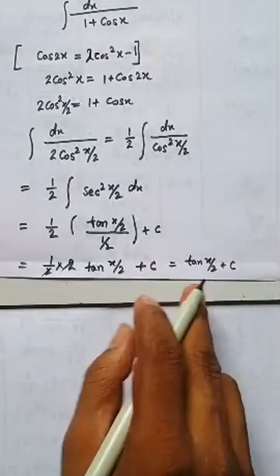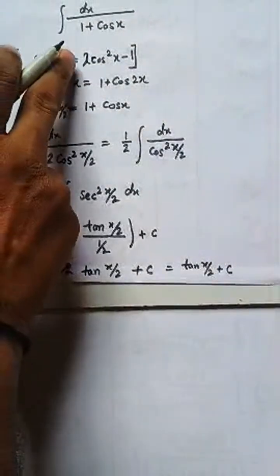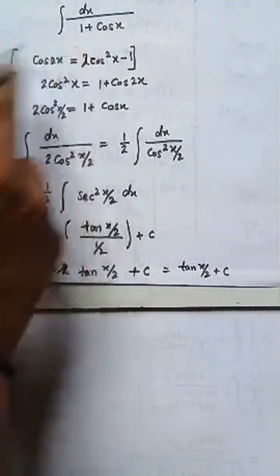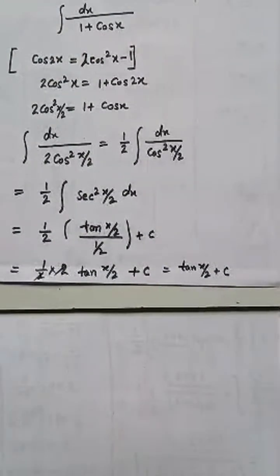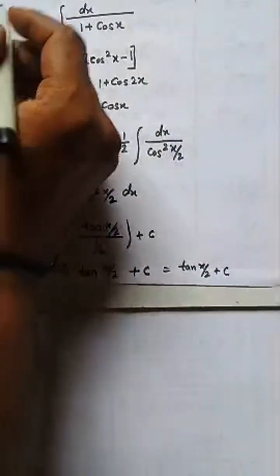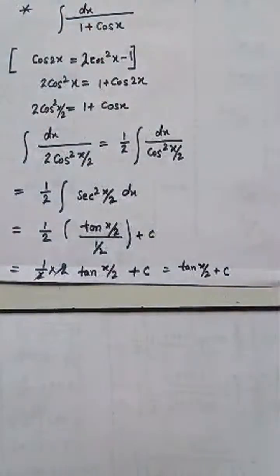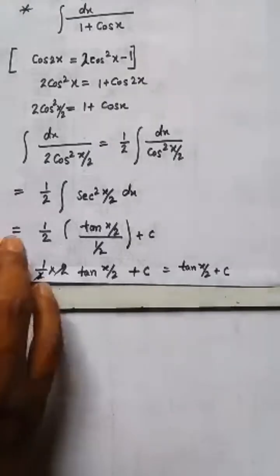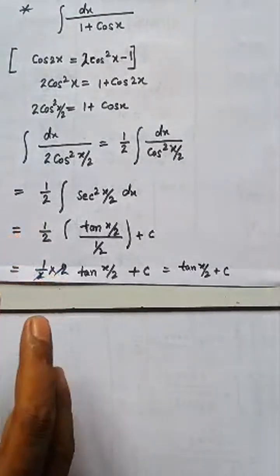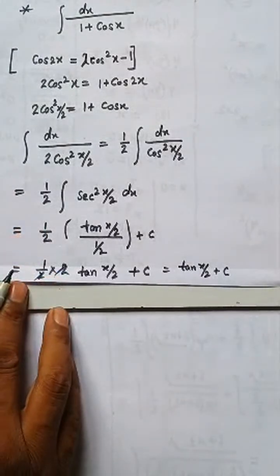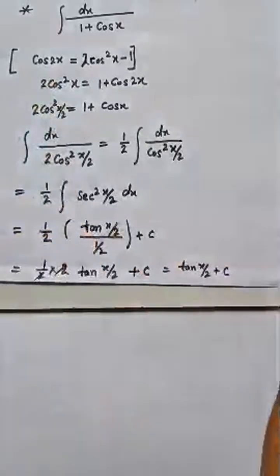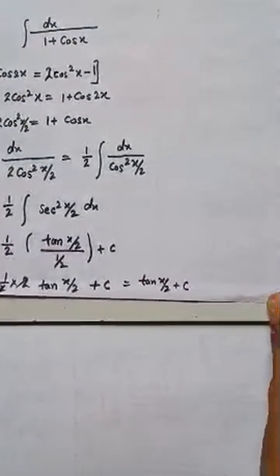So this is the integration of dx by 1 plus cos x, and this one is very, very important, so you can just remember it: integration of 1 upon cos x plus 1 dx gives you tan x by 2 plus c. This is the first technique to conquer this problem, and we are going to have another method.